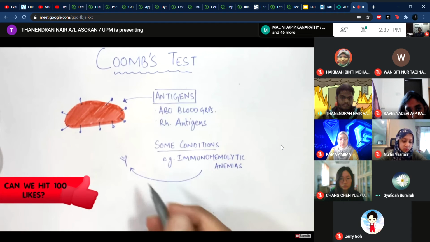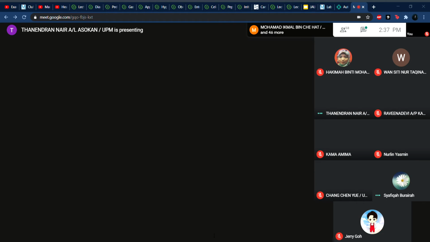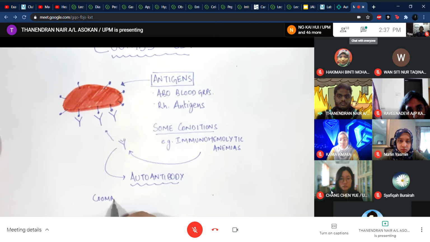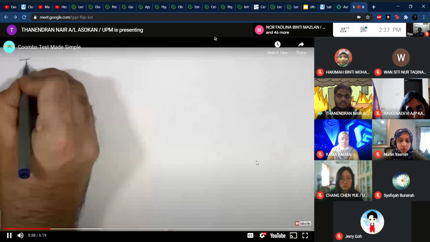These antibodies attach to these antigens and cause immune mediated destruction of the RBCs and lead to anemias. This antibody is known as the autoantibody. The Coombs test is a test which is done to detect these types of antibodies. There are two types of Coombs test, the direct type and the indirect type.